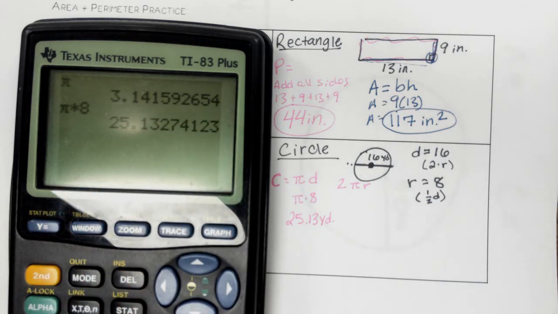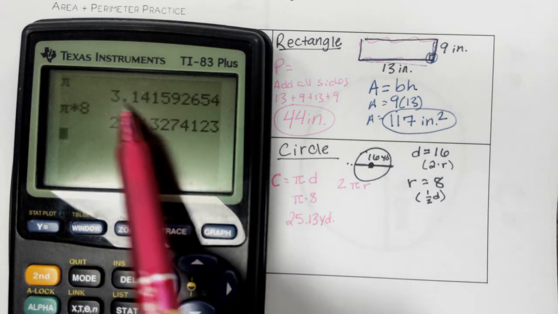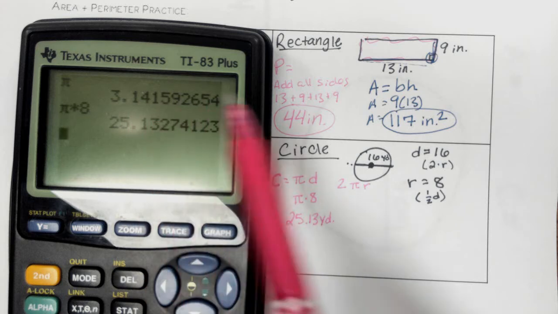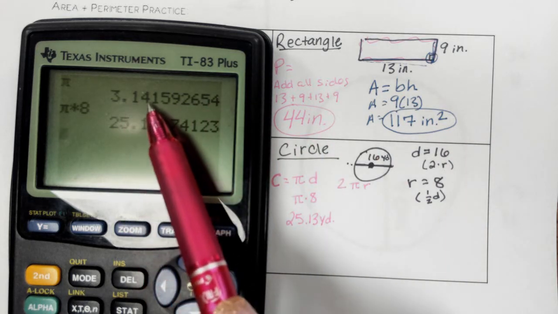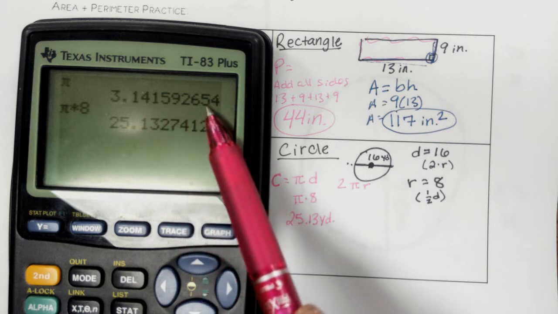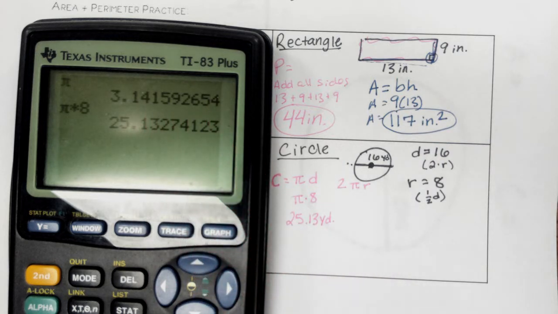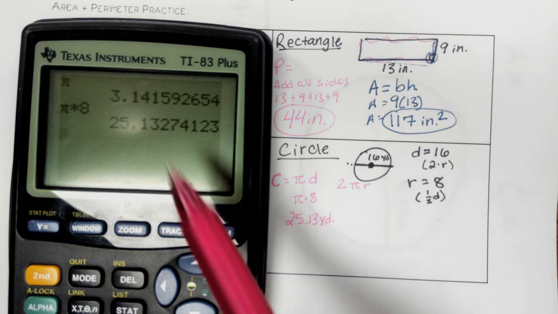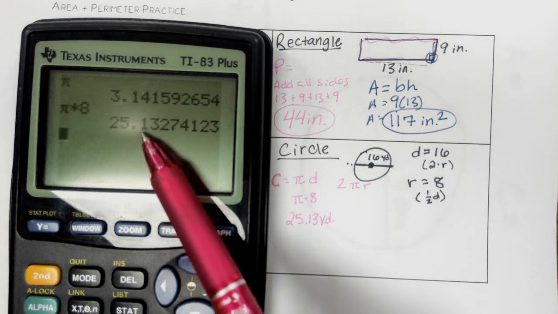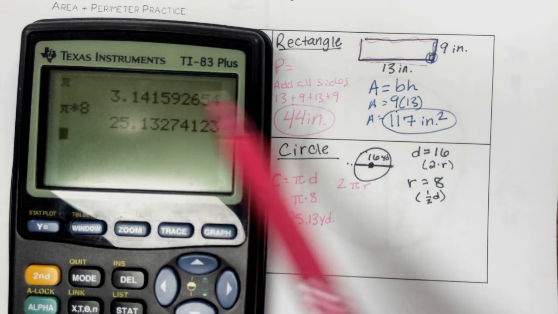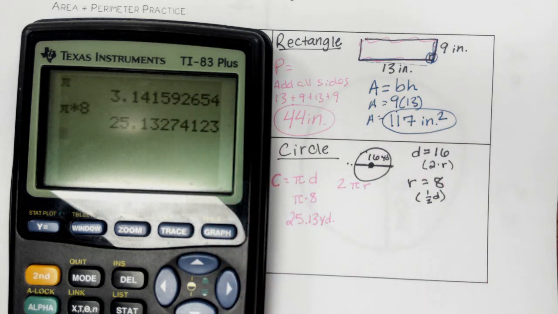So when I start multiplying by bigger and bigger numbers, let's pretend I multiplied this by 10, that would be 31.4159. But if I multiplied it by 100, that would be 314.159. So as I increase the value of the numbers we multiply pi by, that's going to increase the number of decimal places that we use, and the rounding is going to be really off.